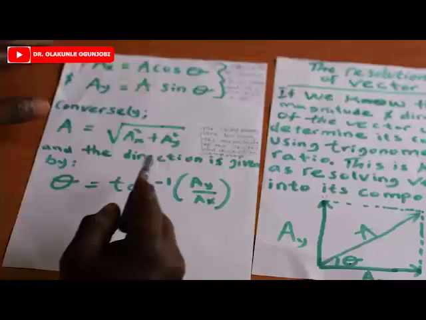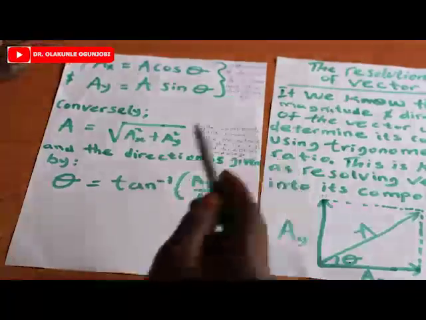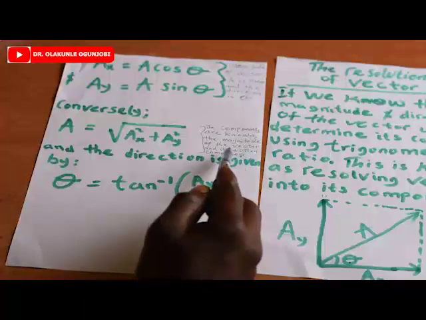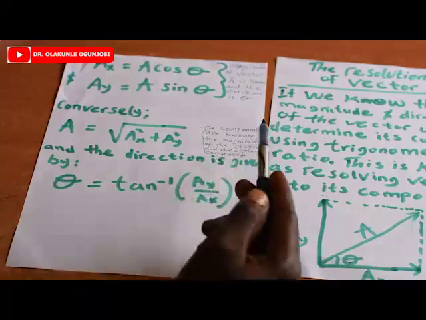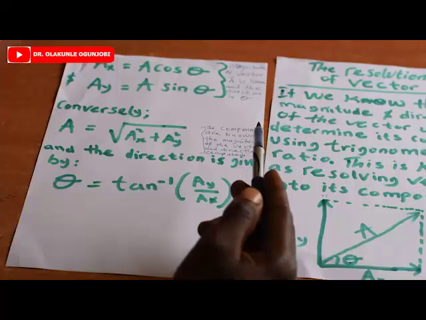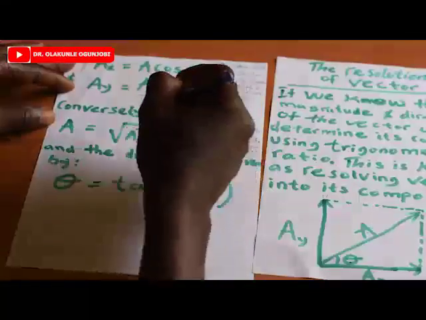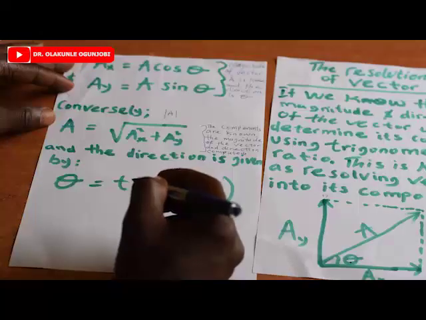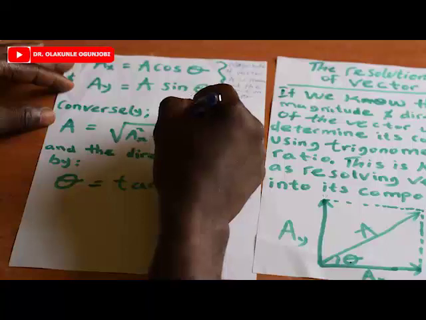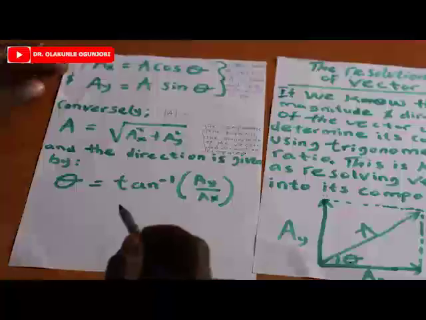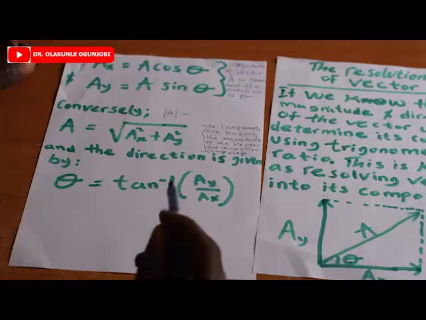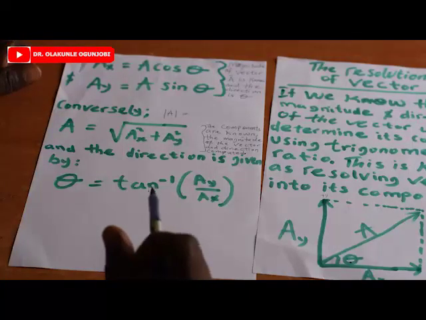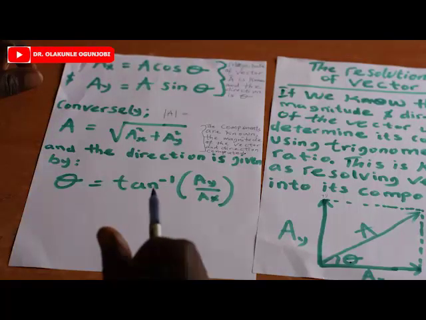In this case, the components are known, and the magnitude of the vector and direction can be computed. That is the magnitude of A.